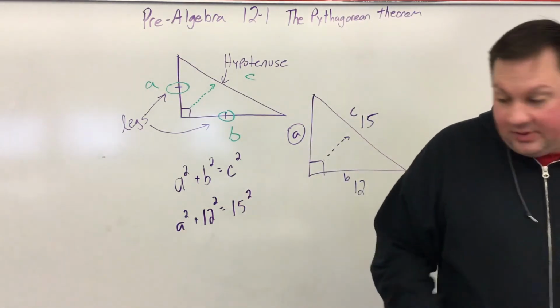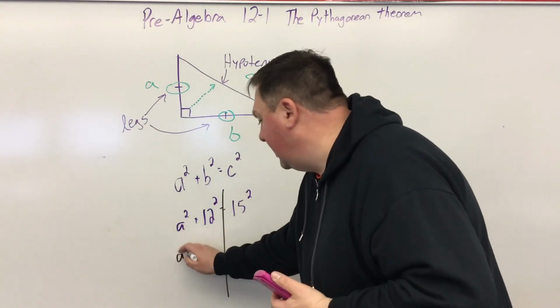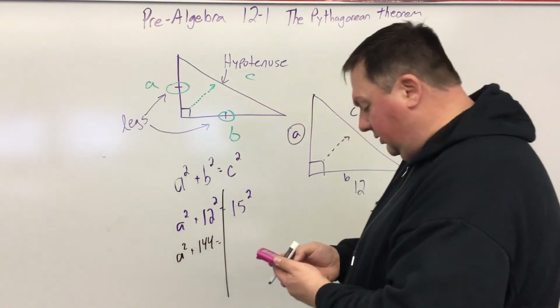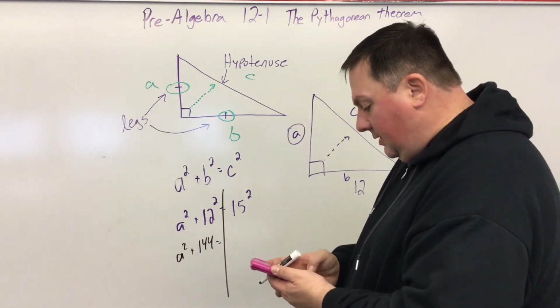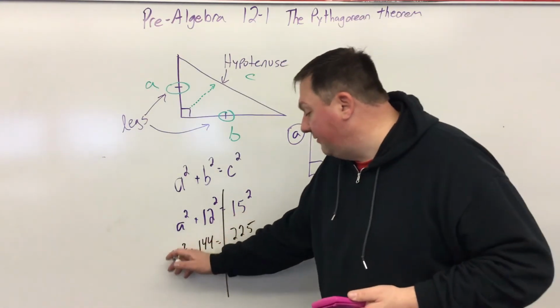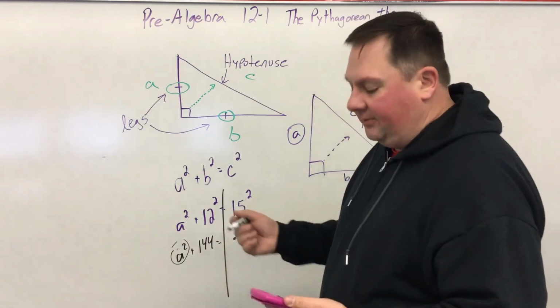Now what you're going to have to do here is do the math. Draw your line in the middle. A squared plus 144 equals 225. Now since we're solving for A, we need to use the inverse operation to get rid of this positive 144.